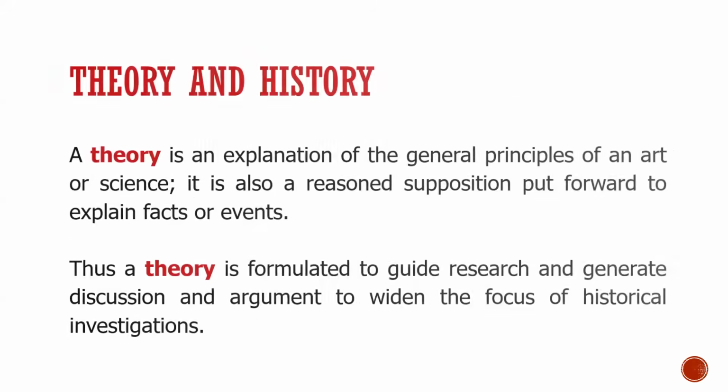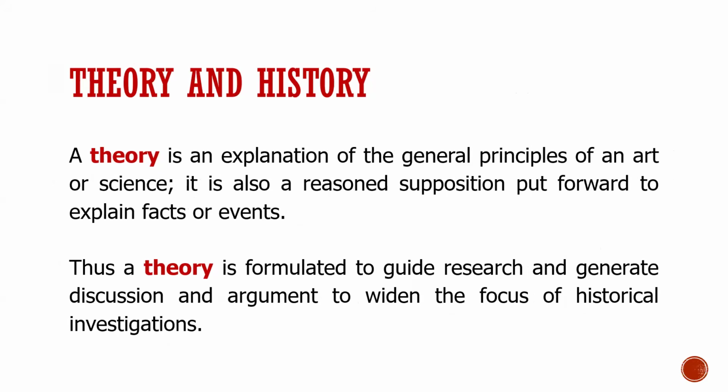There are various theories used in the analysis of historical interpretation in economic history. Economic history, unlike the core branches of history, deploys various theories, concepts, and methods in its explanation of a society.